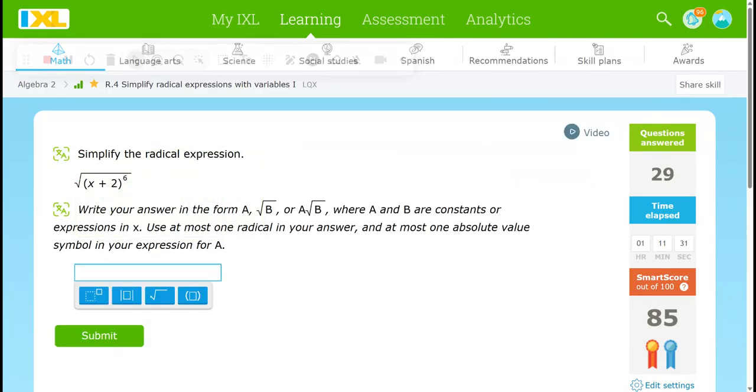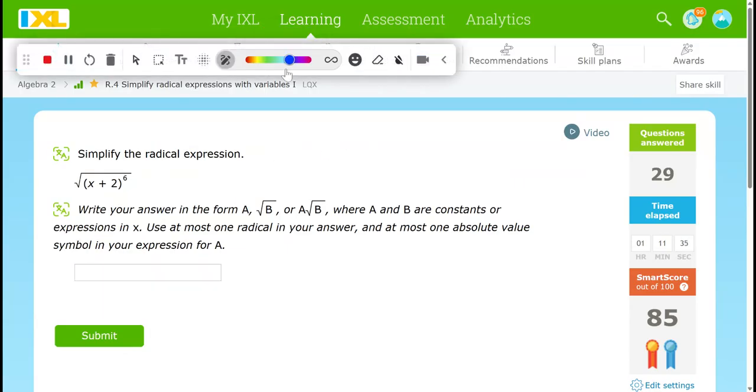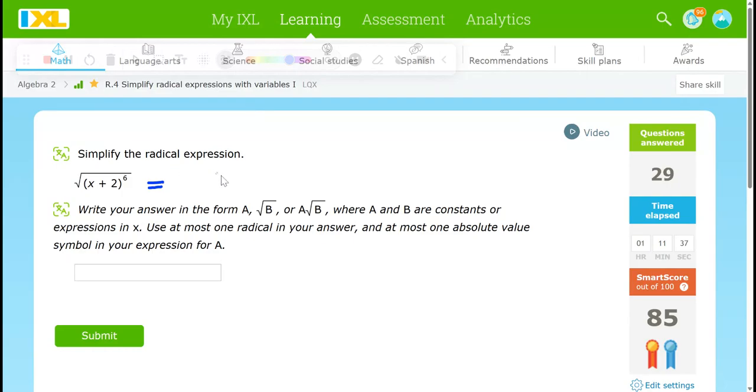Super trooper. This one is very similar to the previous one. So the answer is absolute value of x plus 2 to the 6 divided by 2. Because this is a square root, you divide by 2. So I come out absolute value of x plus 2 to the power of 3.